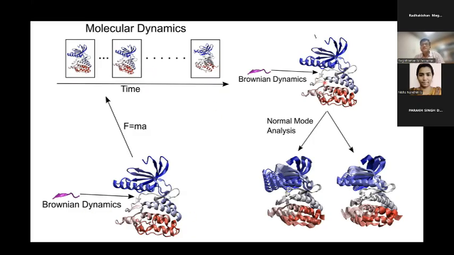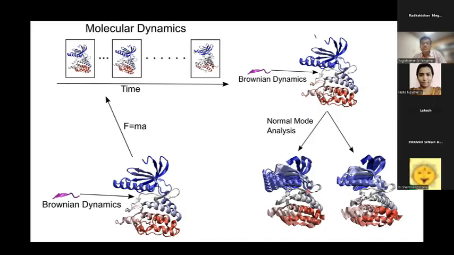Okay, you can see, oh, the peptide is binding here, or here. With a normal mode, you can get the slow modes or the fast modes. So this is the overall picture of both the fine grain and coarse grain.